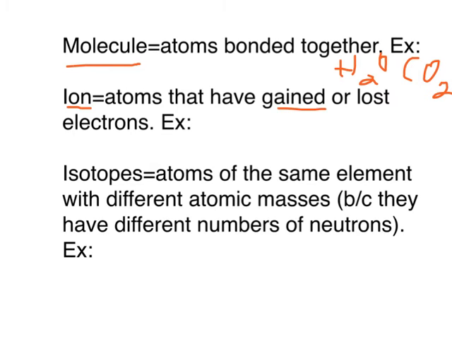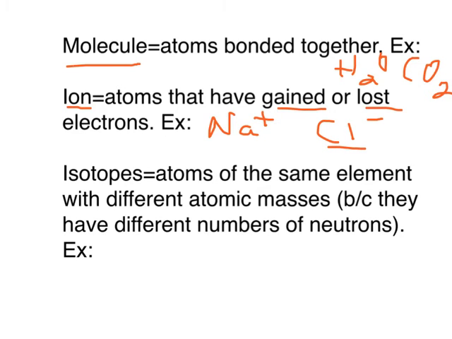When you gain electrons or lose electrons, you throw off that balance, and so your atom is going to have a charge. Examples would be Na+ here, or Cl- would be examples of ions, and they've gained or lost electrons. In the case of Cl-, it has gained an electron.